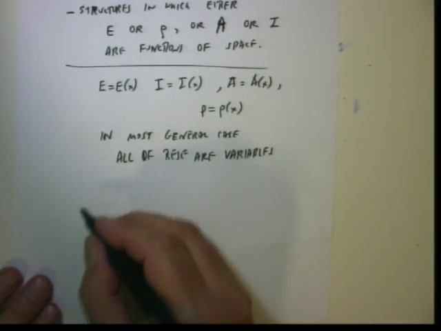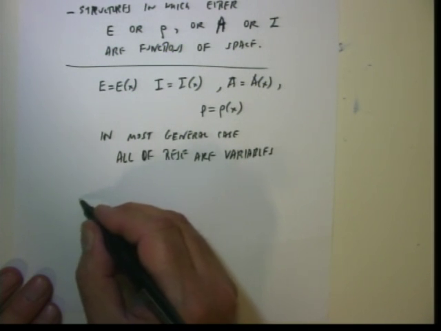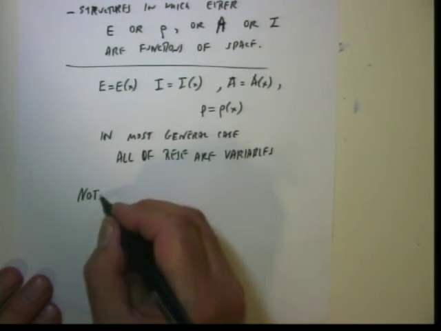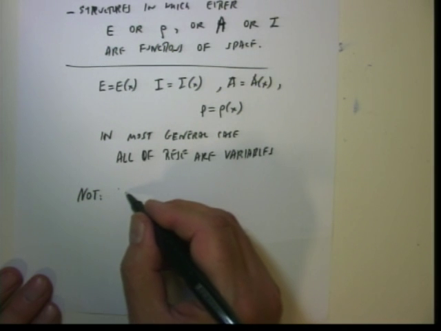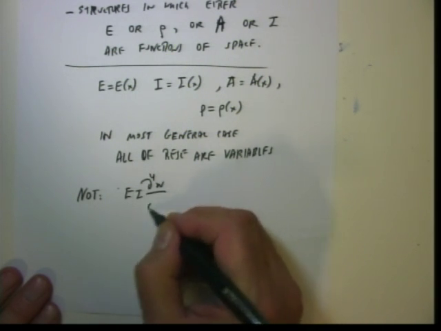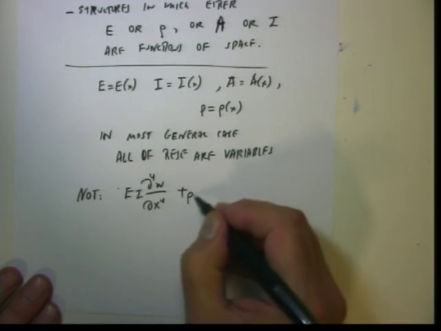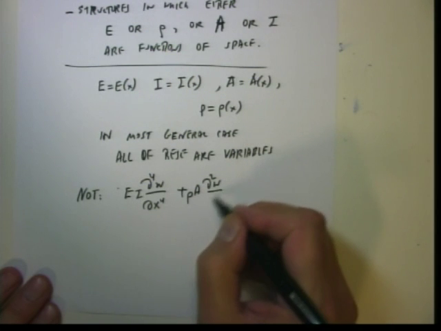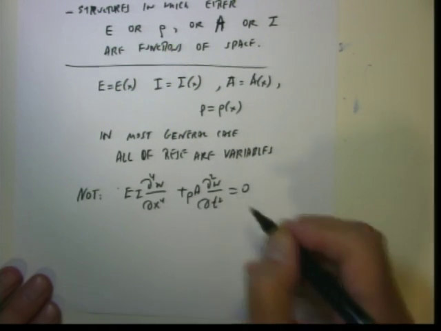Then the differential equation will be like this. Not as we had for uniform structures, like this: EI d^4W/dx^4 plus rho A d^2W/dt^2 equals 0.